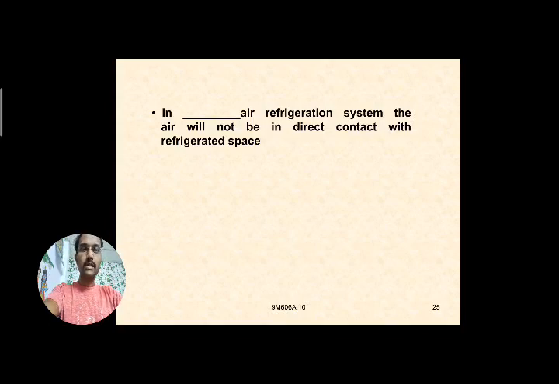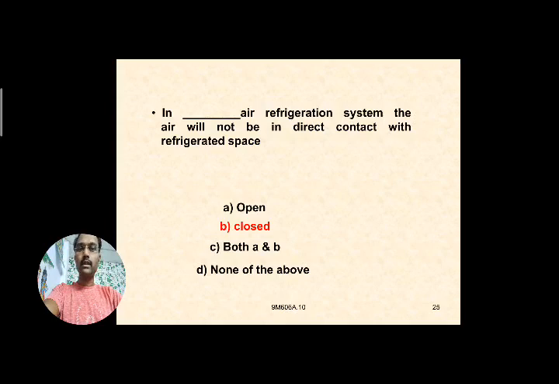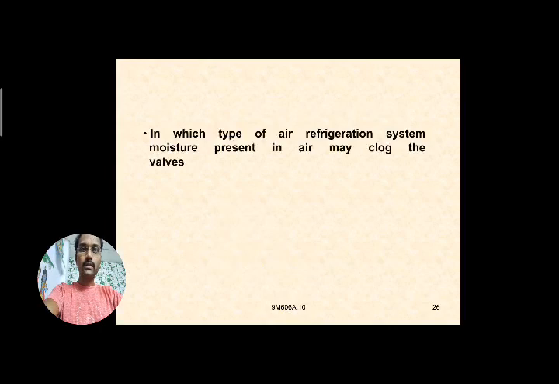So you can easily tell the answer. So here are some of the options. So the answer is closed air refrigeration system, where air will not be in direct contact with the refrigerated space.